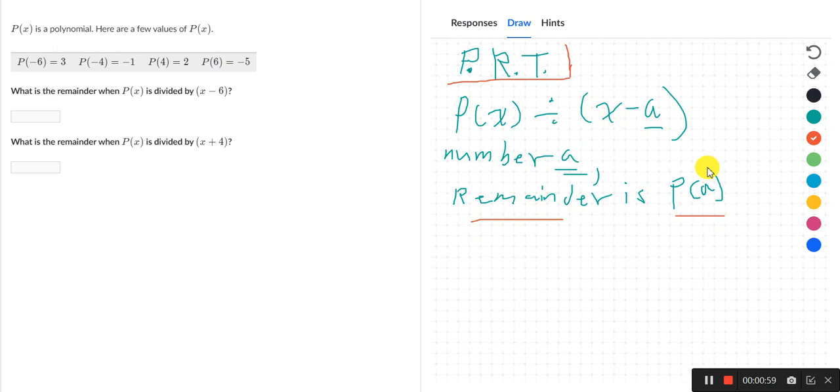Or, in other words, the remainder is the result of substituting a into the polynomial. Let's see what I'm talking about.